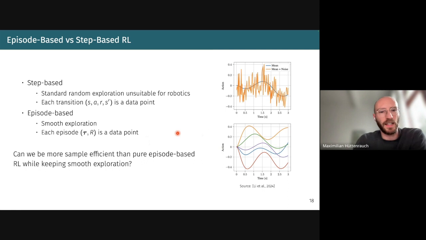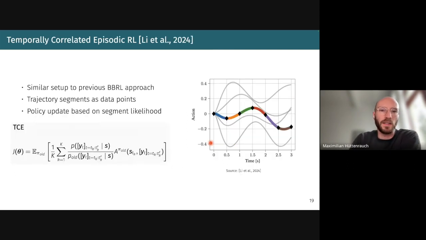So the question is, can we also formulate episode-based reinforcement learning algorithms that are a little bit more sample efficient than pure episode-based reinforcement learning, but still have this nice feature of smooth exploration? And actually, there is one method that was recently published, I think in this year's ICRA, which takes trajectory segments instead of whole trajectories, and uses these segments as data points.